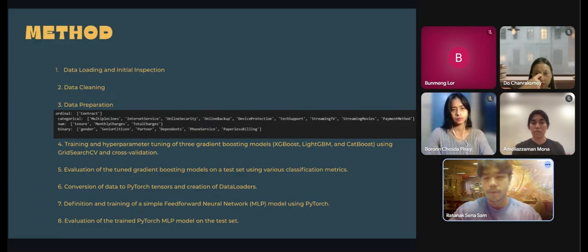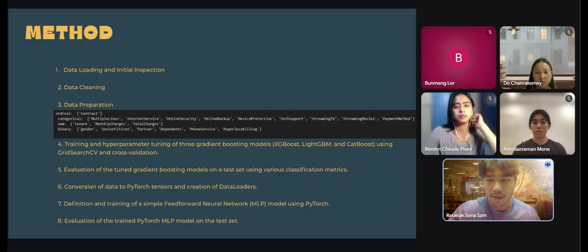So we use data processing for each of them, and then we do hyperparameter tuning of three gradient boosting models such as XGBoost, LightGBM, CatBoost using grid search and cross validation.